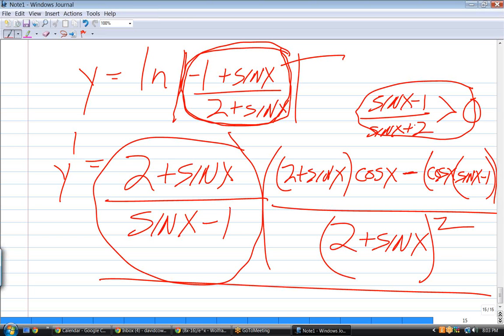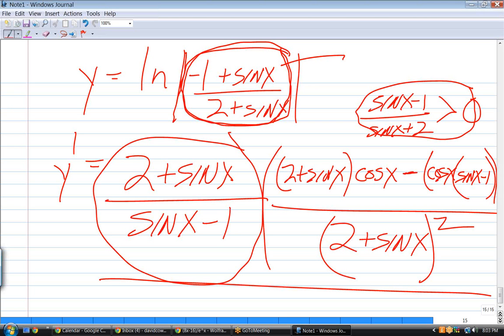Well, that's always true, isn't it? No, it's always less than or equal to 0. It's never greater than 0. The range of sine x is minus 1 to 1, so there's no way this numerator can be greater than 0. And the denominator is always positive, even when sine x is minus 1.